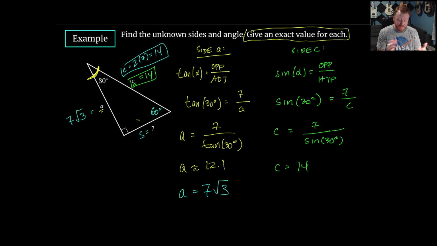So this exact method is only working because we have a 30-60-90 triangle. But the work I did here in the green and the yellow, where I'm using the tangent and the sine and putting those values into a calculator, that will work for any right triangle. It doesn't have to be a 30-60-90. But we can also find those exact side lengths here because it is a 30-60-90.